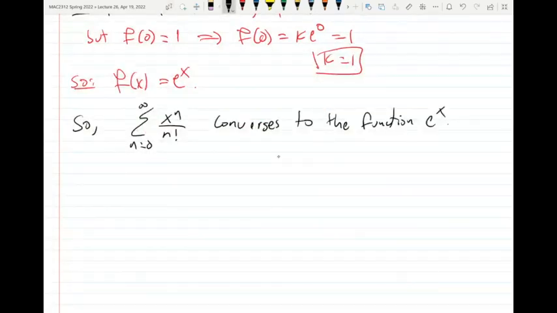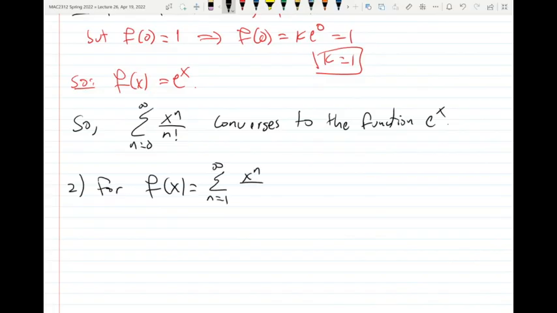All right. So as a second example, now let us investigate what happens with the interval of convergence. So let f of x be equal to the sum from 1 to infinity of x to the n over n. This is different than e to the x. The expansion of e to the x is with a factorial. So this is just x to the n over n. And the question is to compare the interval of convergence.